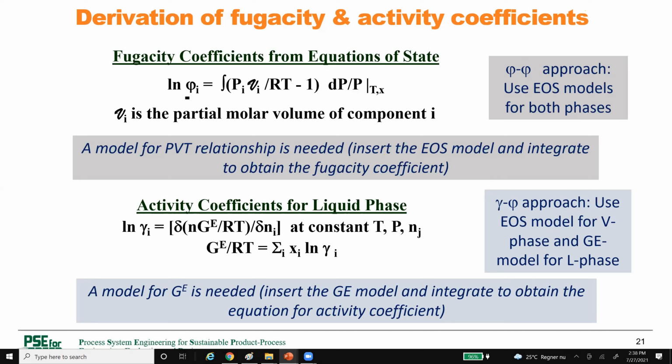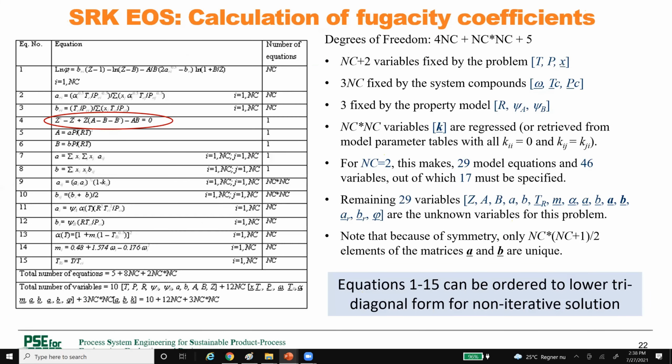So here is the result of all the equations that you need to calculate the fugacity coefficient of a binary mixture, any two compounds. The first equation is giving you the fugacity coefficient. Then equations 2, 3 give you A and B. Then equation 4 gives you Z, and so on.